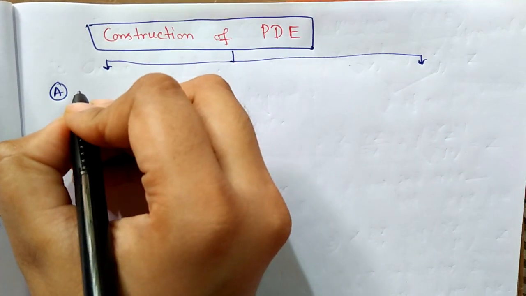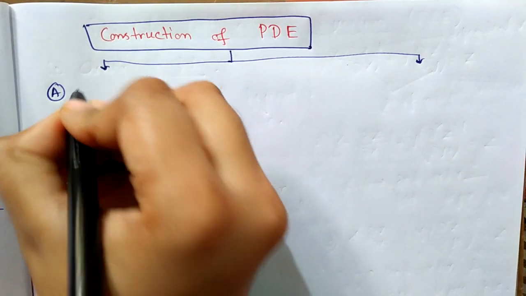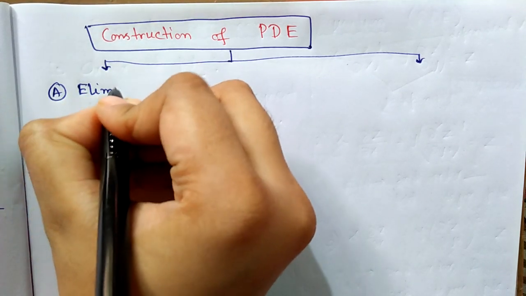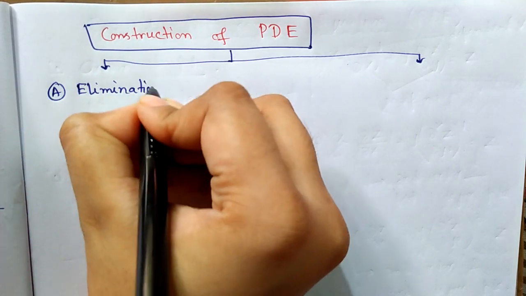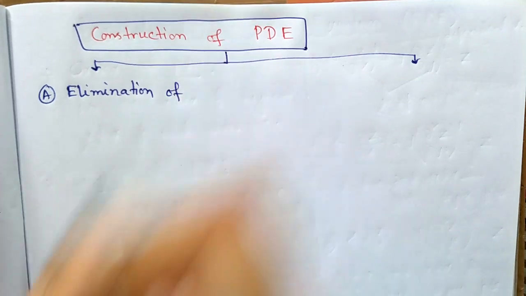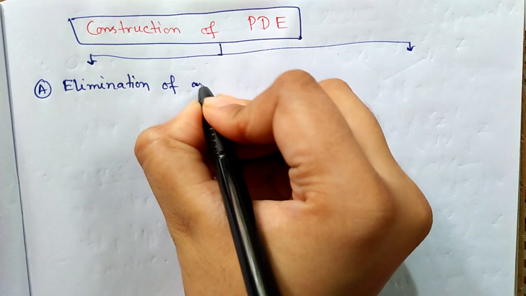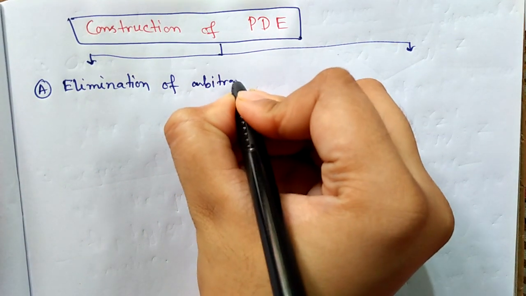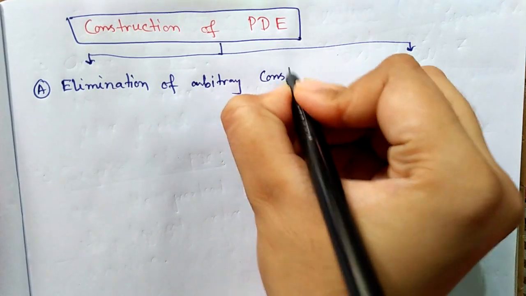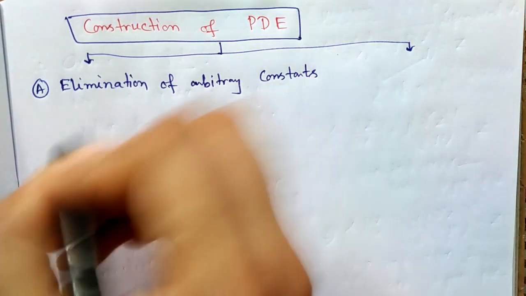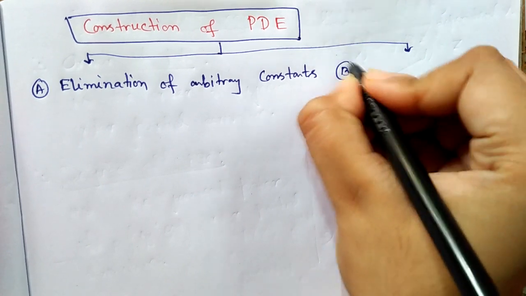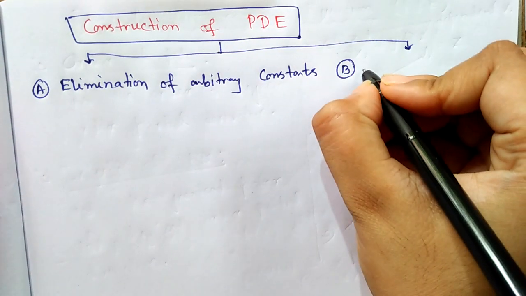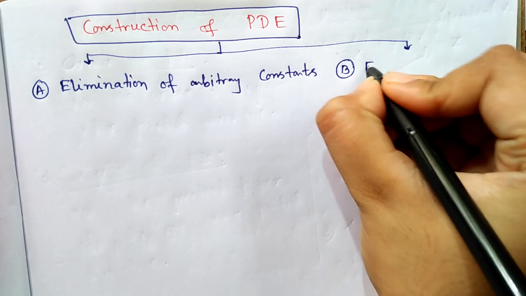First one is elimination of arbitrary constants. And second one is elimination of arbitrary functions.